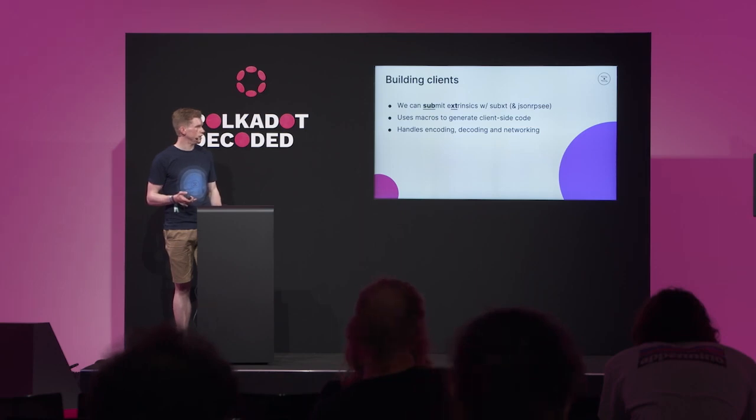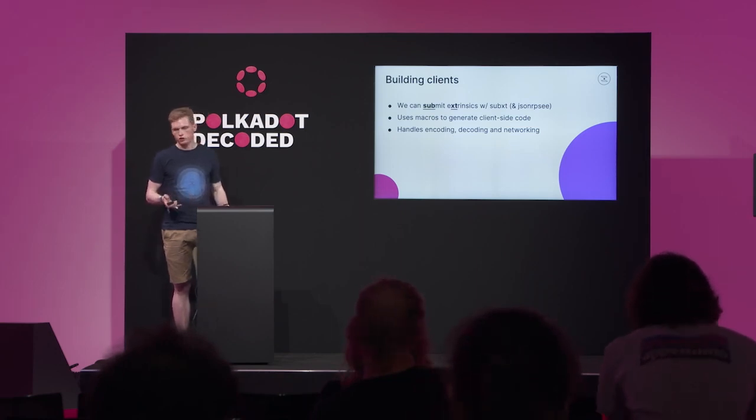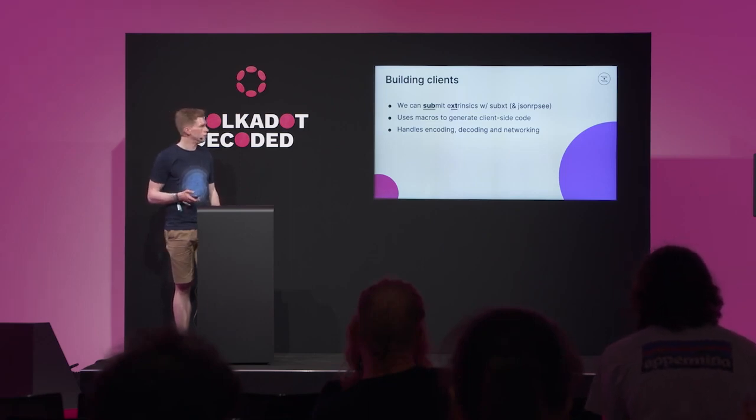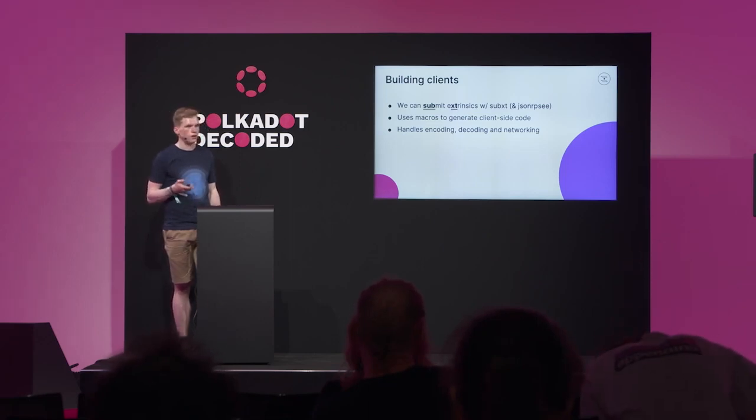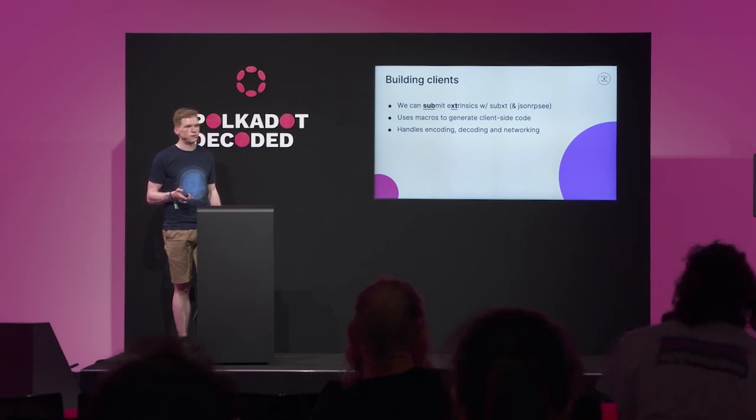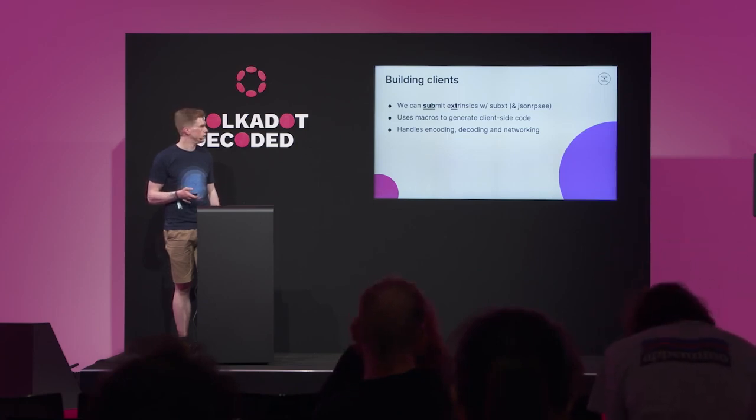Like Substrate, it's using macros to generate code, particularly client-side code. So going back to the metadata we downloaded, we know the structure, we also know the types, and we have some cool stuff with self-descriptive types, which enables us to build Rust code purely from metadata.